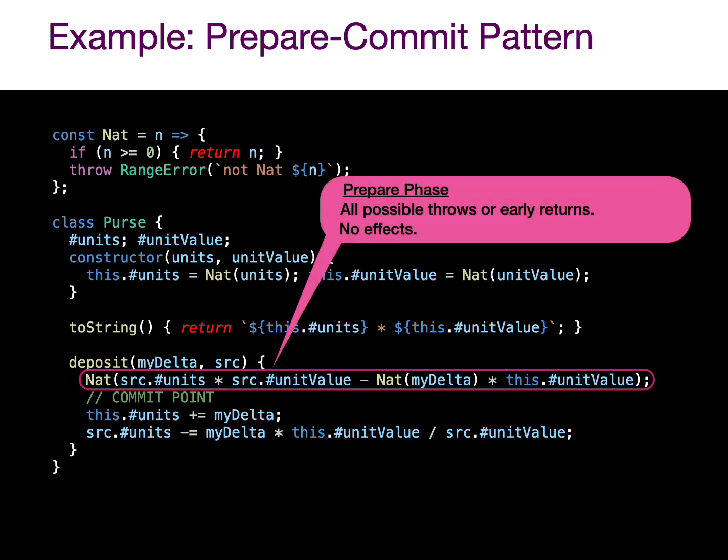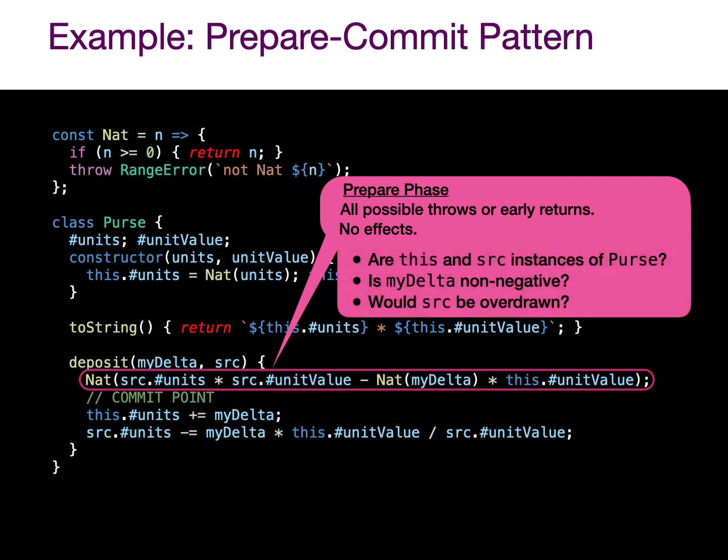And the prepare-commit pattern has a prepare phase that provides the none of the all-or-none, which is doing all the input validation, all the precondition checking, such that all possible throws or early returns happen here, and in particular, no effects happen here. So if you throw or early return, no damage has been done.